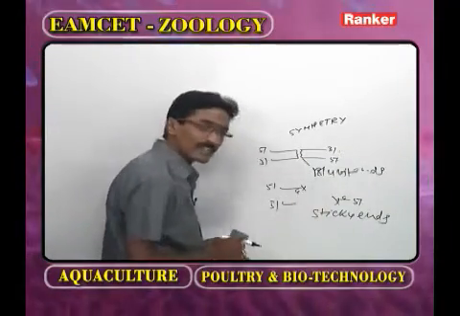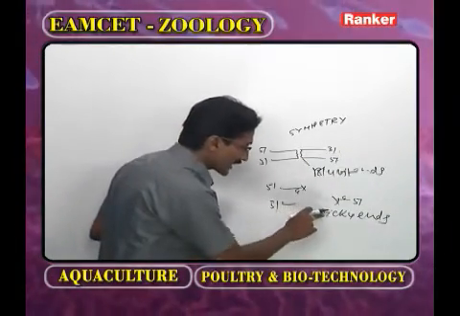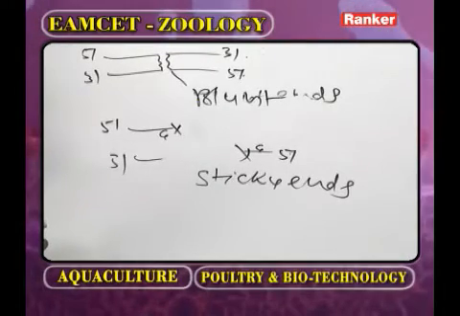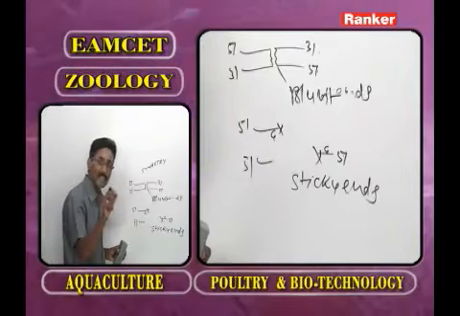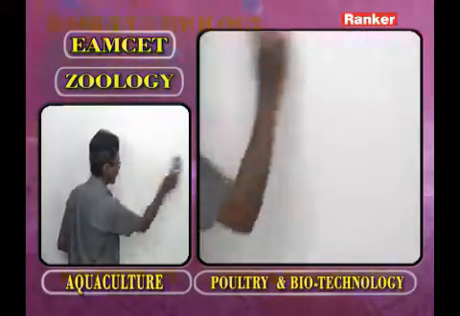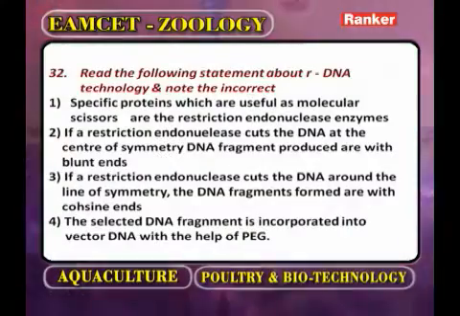So what type of ends are useful in recombinant DNA technology? Sticky ends. What type of enzymes cut the DNA strand to give sticky ends? The restriction endonuclease enzymes. Now, the second one is correct.